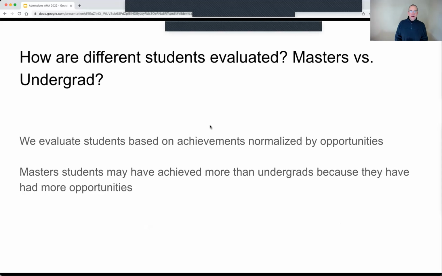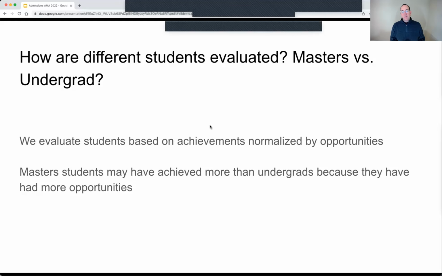How are different students evaluated? How are master's students, for example, evaluated against undergrads? And again, this is where we use our normalization. So we evaluate you on your achievements normalized by your opportunities. So if you did an undergrad in CS and then you did a master's in CS, you have just done more than someone who's only done an undergrad, which is great. And that's valuable experience. And you have had more opportunity to shine. But we also are aware that you've had more opportunity to shine.